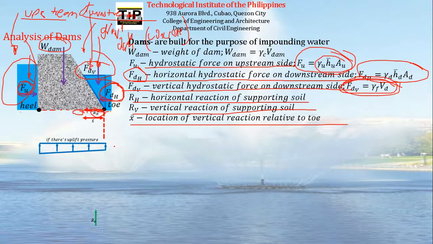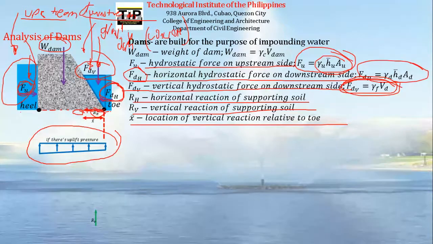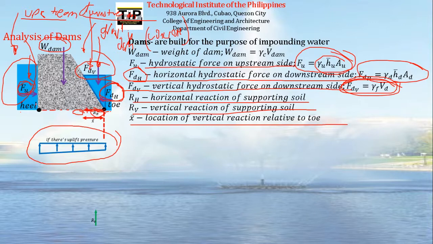And then we have this uplift pressure. Now, what is uplift pressure? Uplift pressure is the pressure that is exerted by the water that seeps through the voids of the soil. So this water, some of this water may seep into this soil.